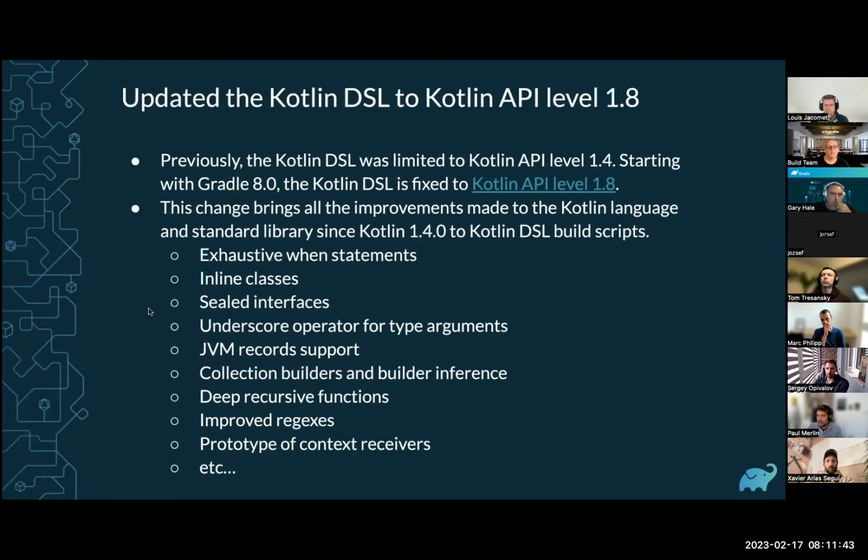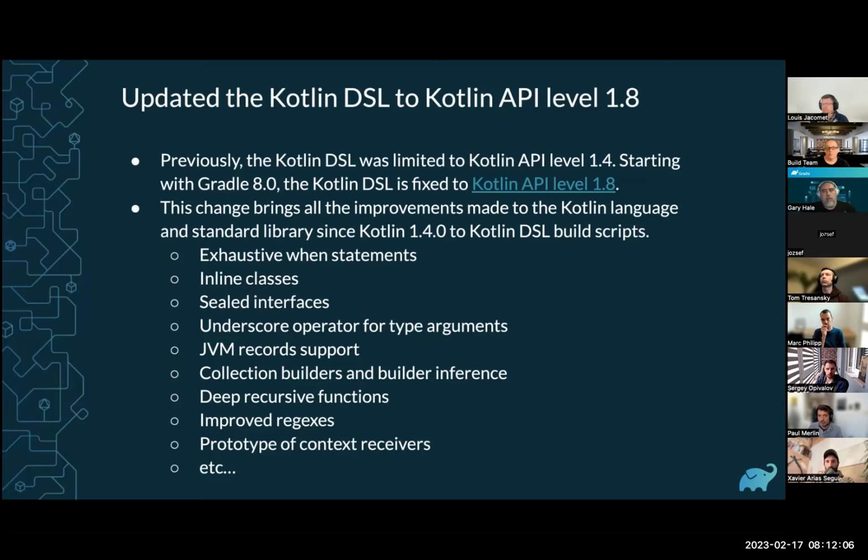The next one is that we upgraded the embedded Kotlin to Kotlin 1.8. And so we were able to update the Kotlin DSL API level and language level to 1.8. The Gradle 7.x line was on language 1.4.